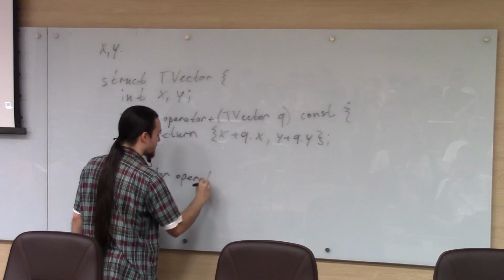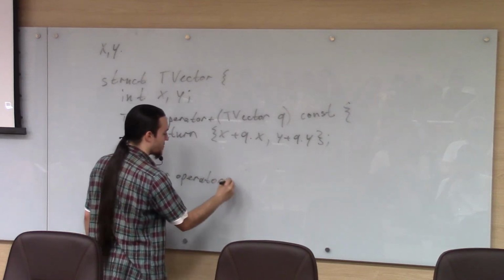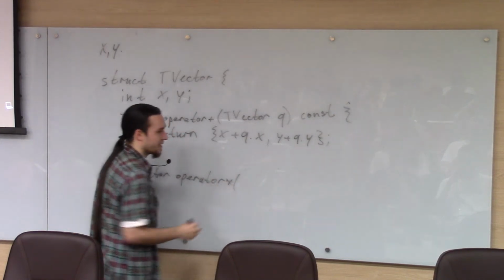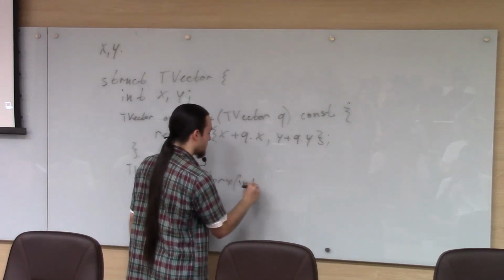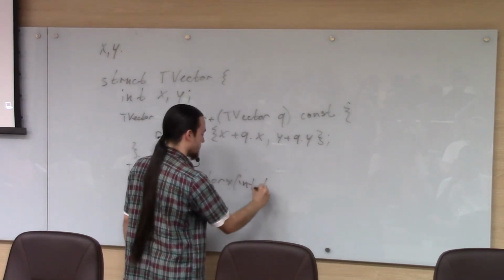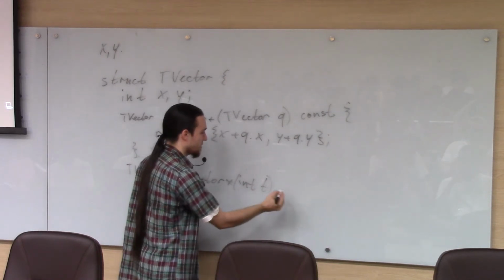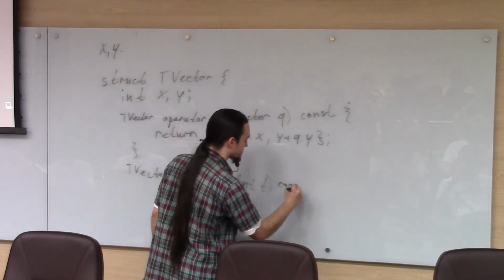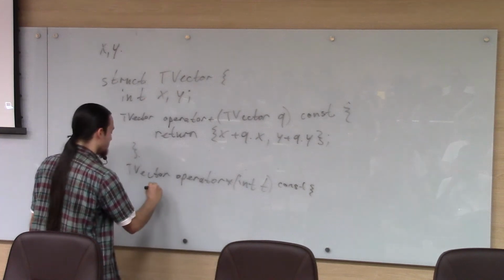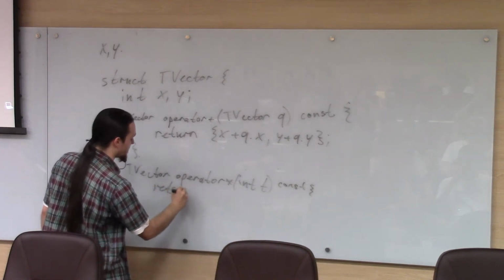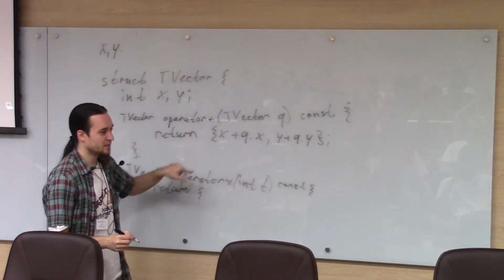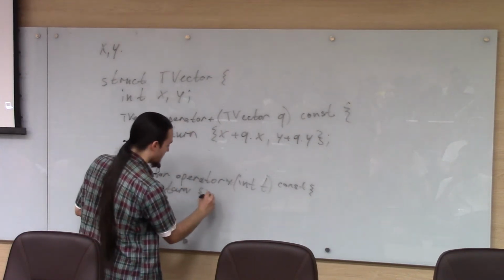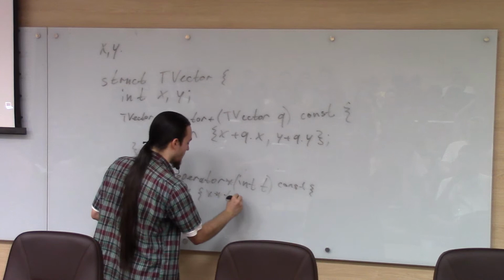Now we want to use operator multiplication. And the second parameter is going to be a number that we are going to multiply by. So let's call it t. So here const, for example. And here we do the same thing. We return this vector initialized by this curly brackets thing, x times t, y times t.